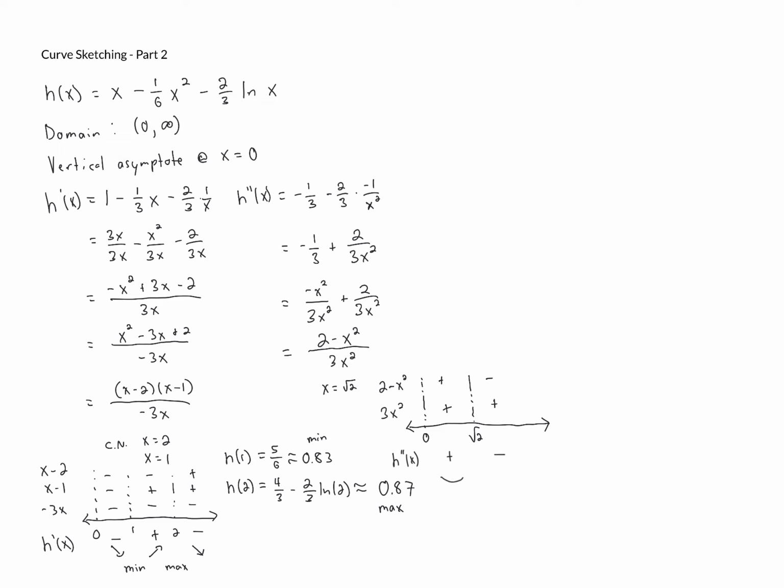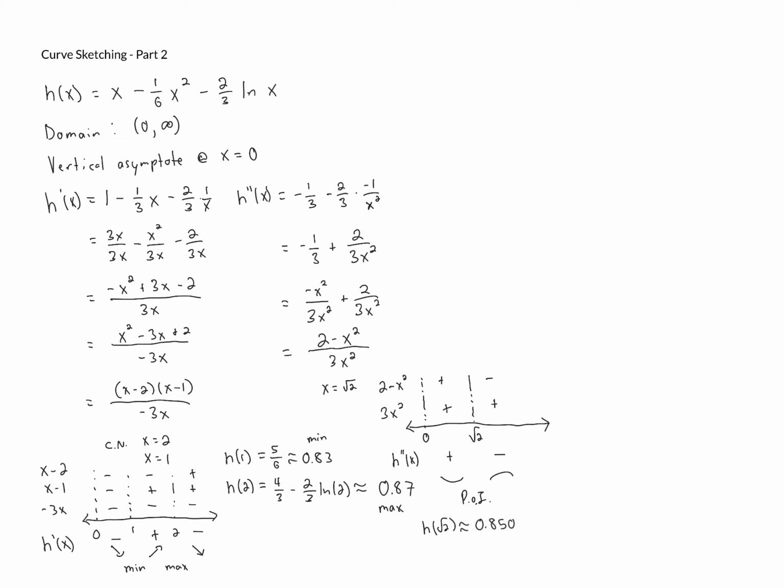So we're going to be concave upward and then concave downward, and we're going to have a point of inflection at the square root of 2, and then whatever the function value is there, h of the square root of 2 is approximately equal to 0.850 if we're rounding.